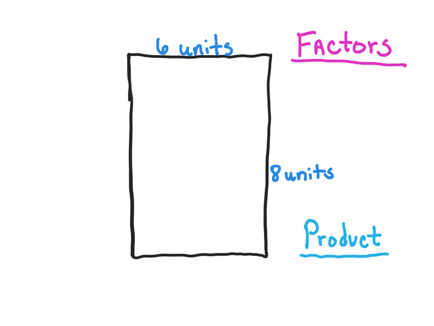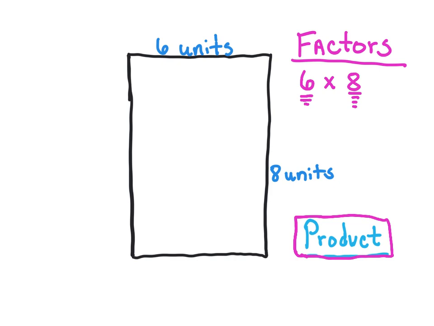If we look at what the factors are in this problem, the factors are 6 and 8. So when we multiply, we are multiplying the factors 6 and 8, and then when we multiply them together is when we find the product.